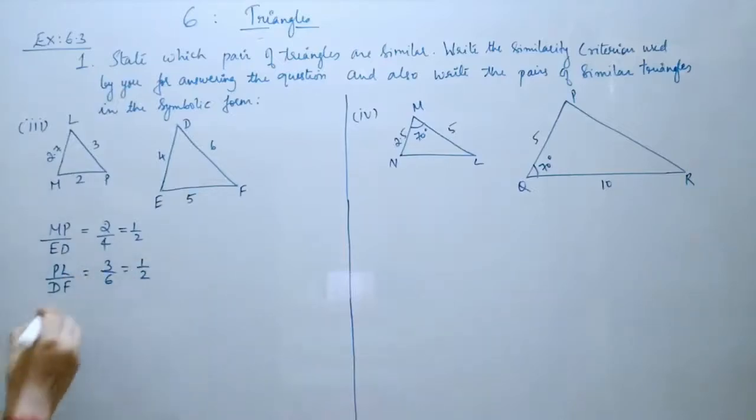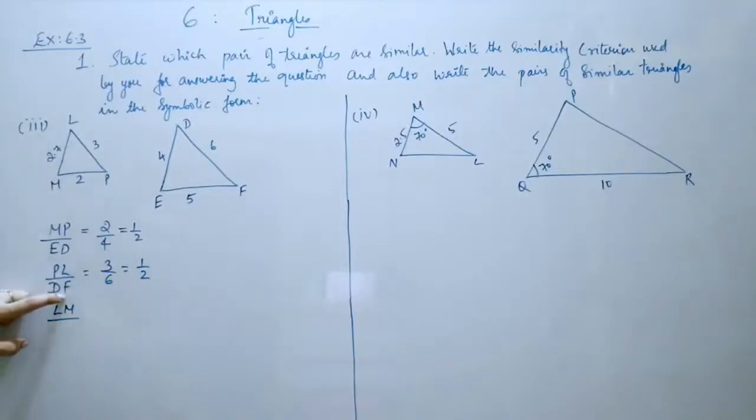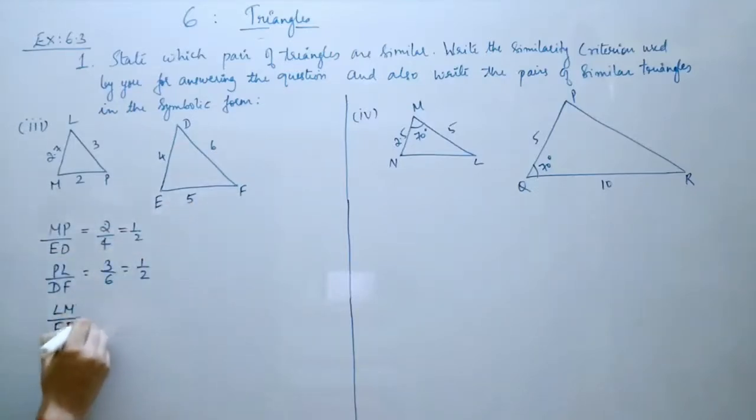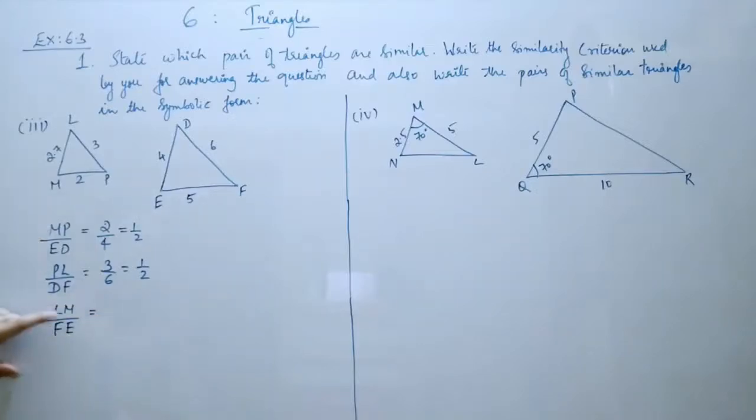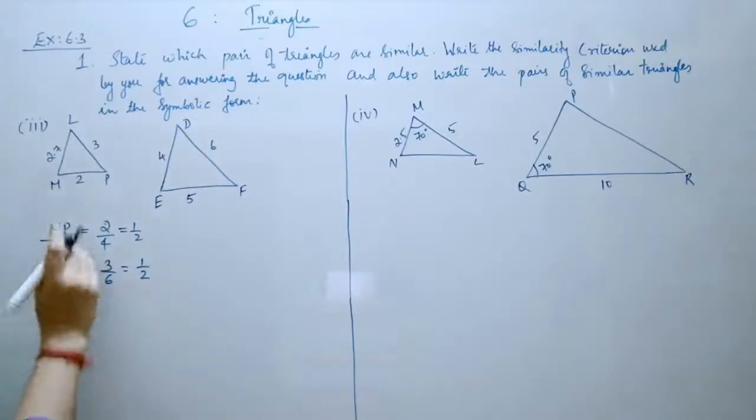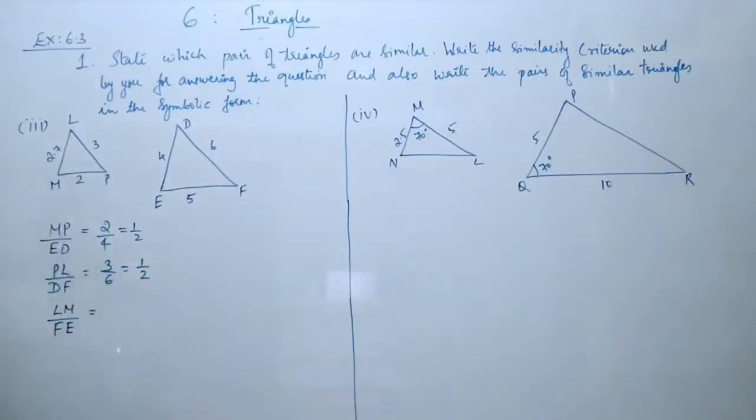Now for the third one, which is LM, for L you are starting with F. Okay, so F, which one is left? FE. So it is correct. ME, here also ME, LF, LF, PD, PD. Okay, so that is your corresponding way to write the sides.